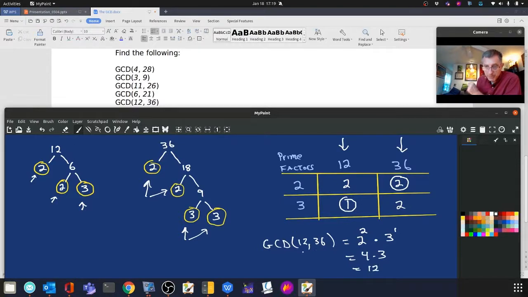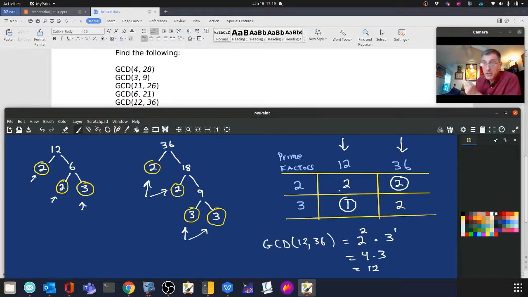Now I know if I had been alert, I could have used rule number 2 to actually discover this, because 12 evenly divides 36. But I wanted to show you that this method works. Even if you forget those rules, this method will always work. You can just throw those rules out.